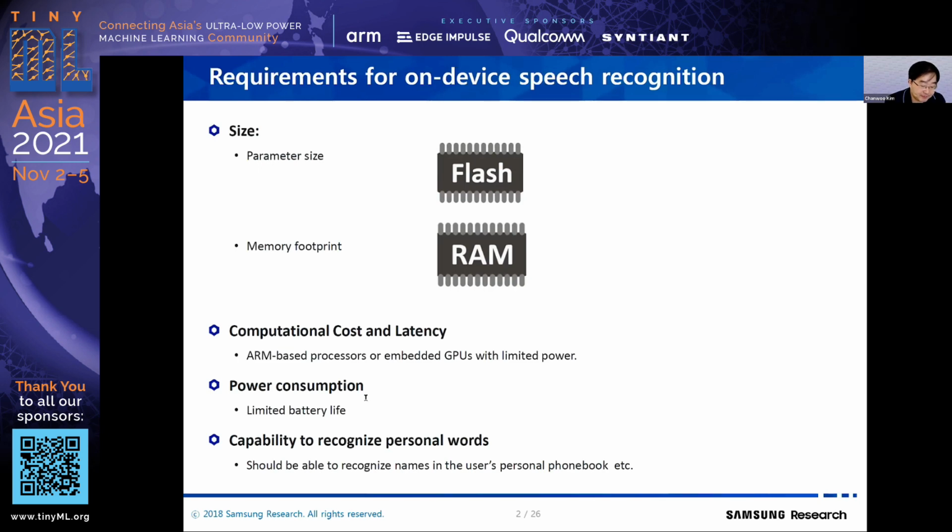We have limited memory and storage space. And for personalized words like named entities or a personal phone book, we should be able to handle that kind of personalized named entity information. We will talk about how we can tackle these issues.